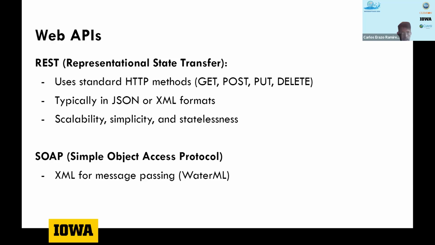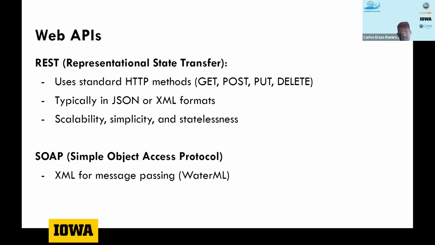The main advantages of this are scalability, simplicity, and it is stateless. Statelessness means you can deploy this almost everywhere, and the browser is going to understand what you're trying to do. Another version of an API is SOAP, or Simple Object Access Protocol.